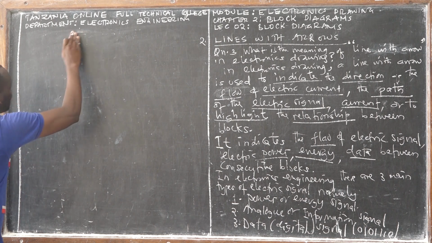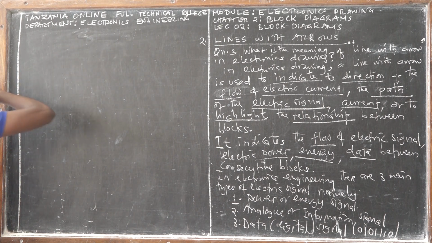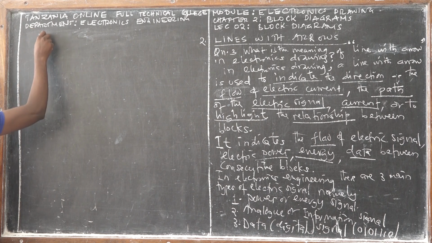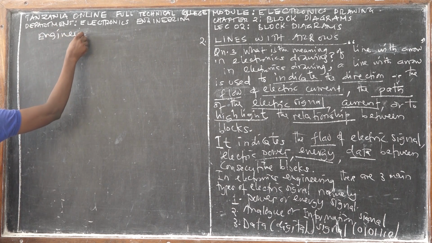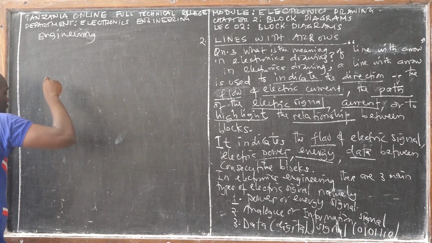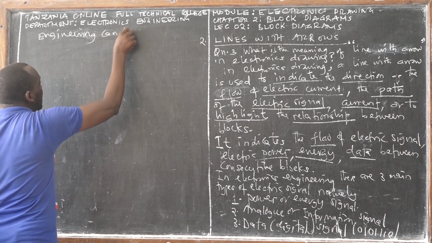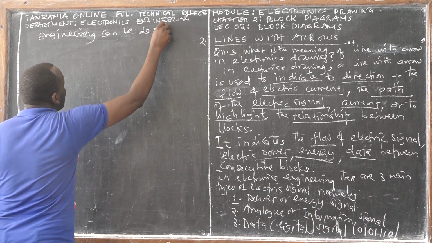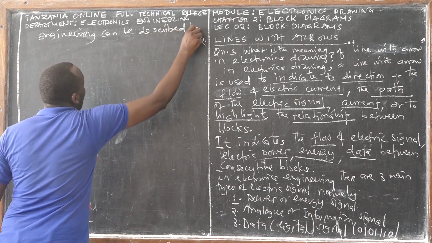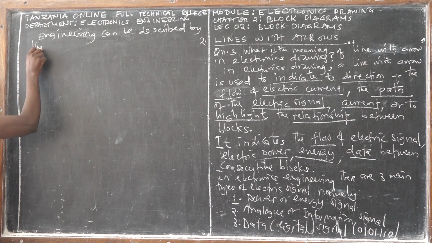So he said that, this is a very important sentence. He said that engineering, a field of engineering including electronics or telecommunication, can be described by the following five terminologies.